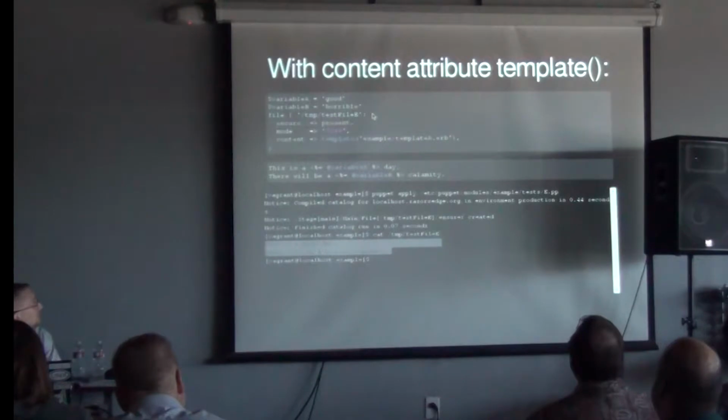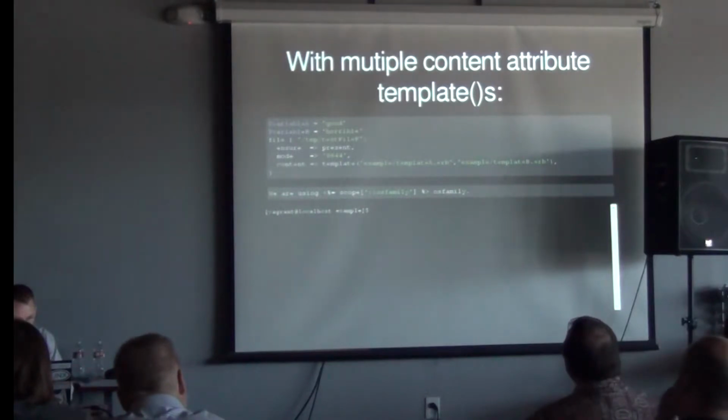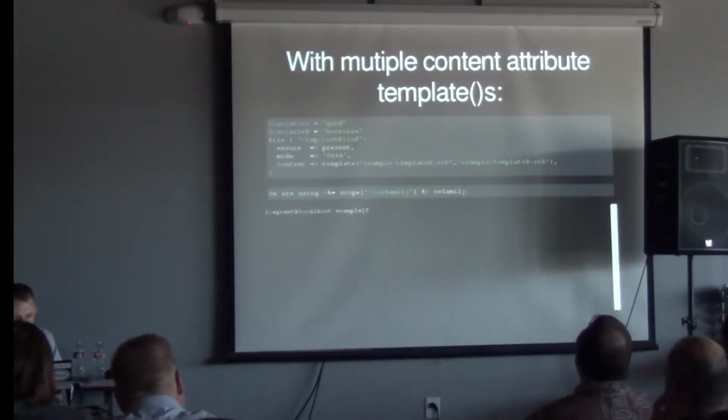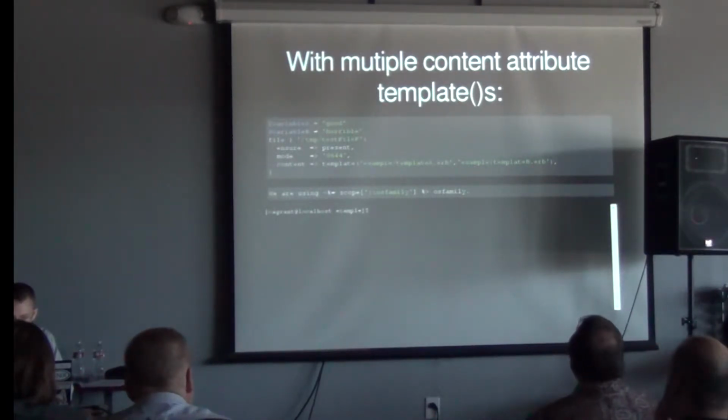You can also do, similar to the source, multiple templates inside of your content parameter. The thing that's different between content and source when you're doing this is that the templates will concatenate themselves instead of just picking one or another that's available.